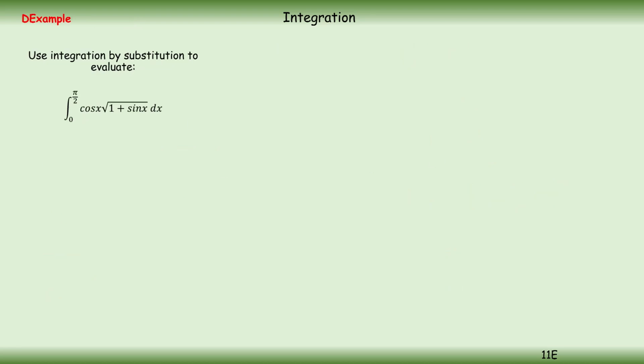Okay, so here's our last example. We've got to integrate from 0 to pi by 2 cos of x times the square root of 1 plus sine x with respect to x. Okay, so we're going to let u be equal to 1 plus sine x.